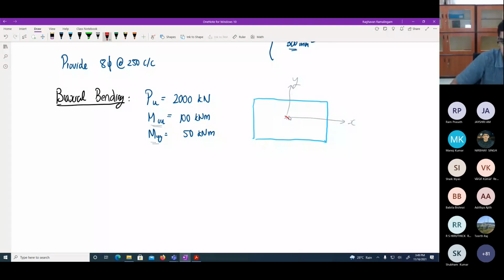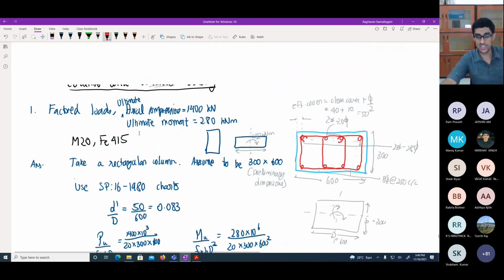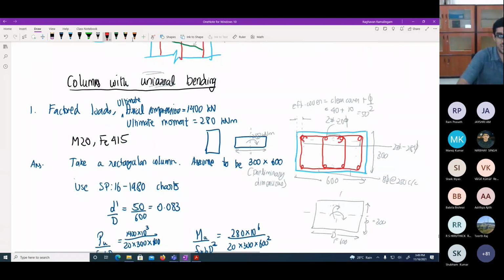Okay. By the way, one step I didn't tell you when doing the previous problem is that even these charts are also for short columns and low eccentricity. So you remember those checks which you did, that L by D less than 12, and L by 500 plus D by 30, some number you'll get, and compare with 20 mm.